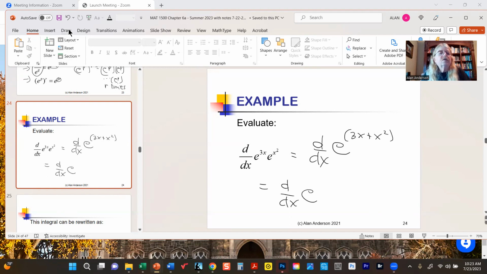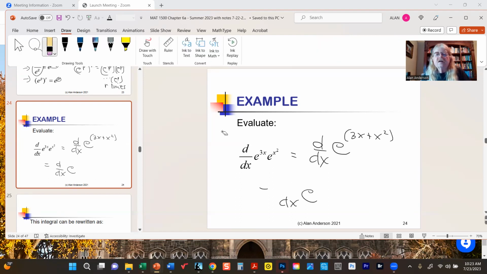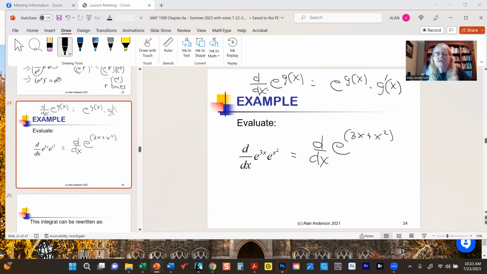Now, you also recall that when we're taking the derivative of e to the g of x from the chain rule, we end up with e to the g of x times g prime of x. So here we're going to wind up with e, since this is all considered to be g of x, g prime of x, based on the power rule, would be 3 plus 2x.